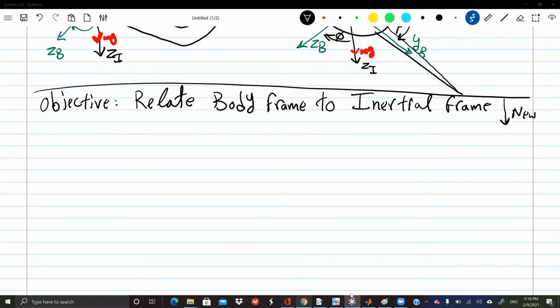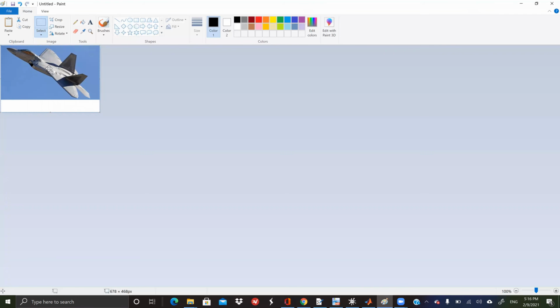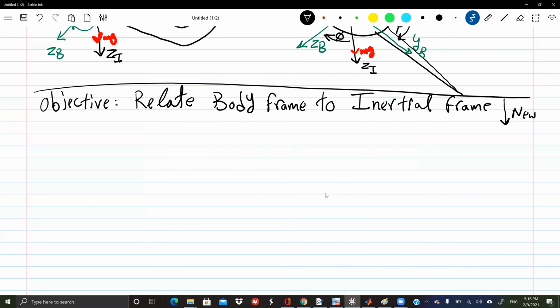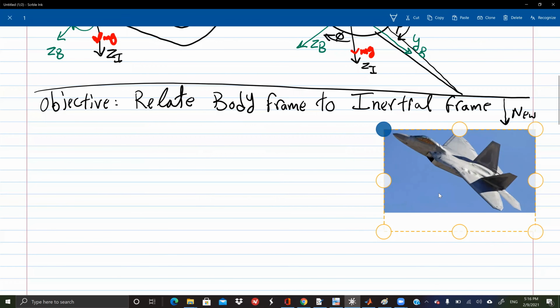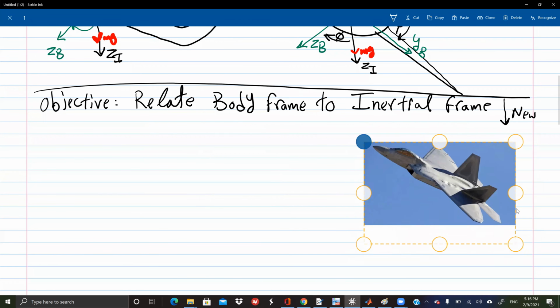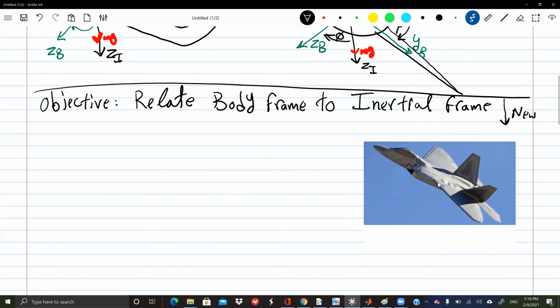All right. So let's get this thing and put it here. So this is a given attitude. I have an airplane or any rigid body. A given attitude. Someone is giving me this picture, right? So this picture, this is X body, right?